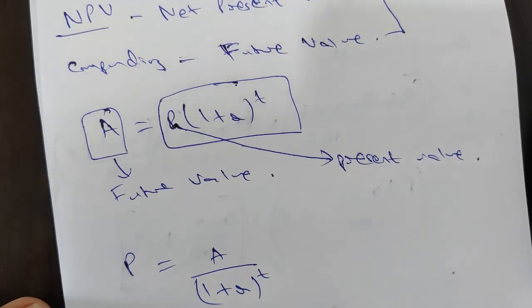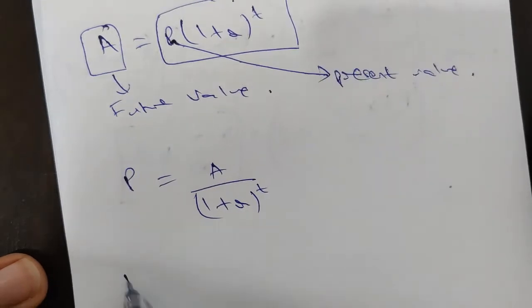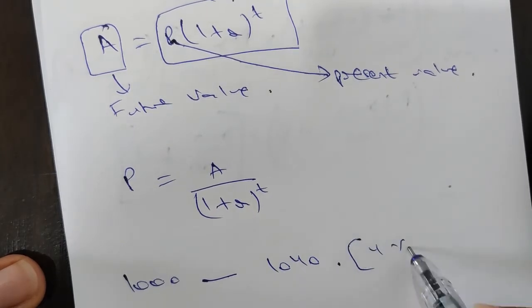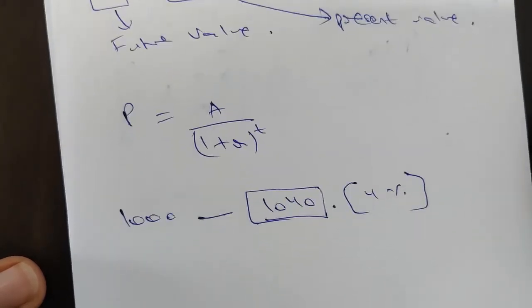Okay, confused? See, I am telling you, you invest 1000 rupees today, and at the end of 1 year you get 1040 rupees, assuming 4% interest. I am telling you this figure 1040, and you have to tell me what is its present value.